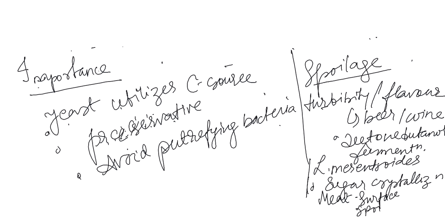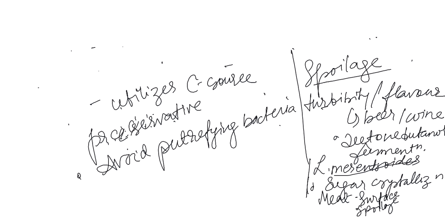Here, what I did was talk about the lactic acid part regarding the basic problems we have in importance and spoilage. You can take this part: Leuconostoc mesenteroides creates a sugar crystallization problem, and there is surface spoilage. Take some examples of that, and read in detail about the spoilage microorganisms.